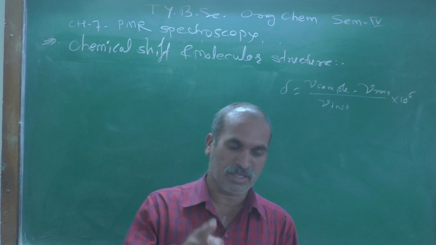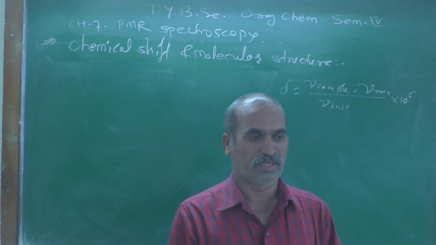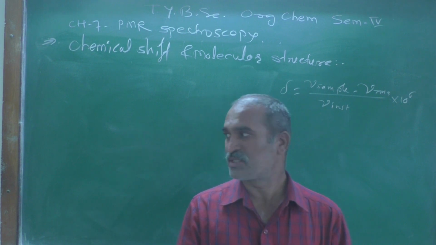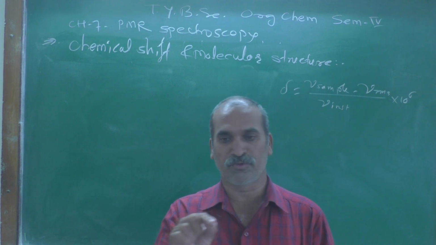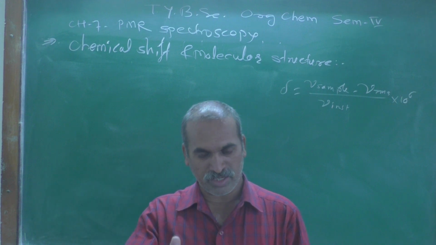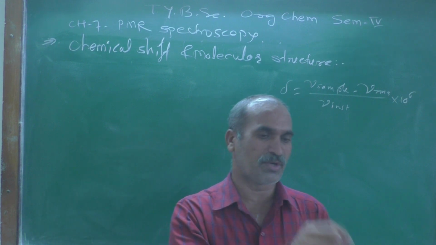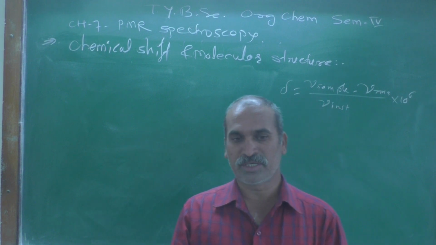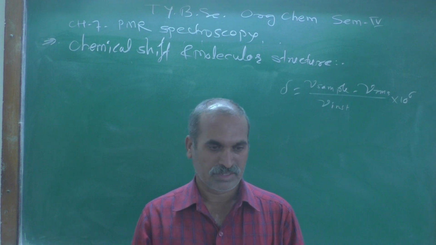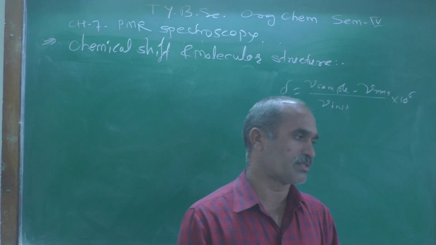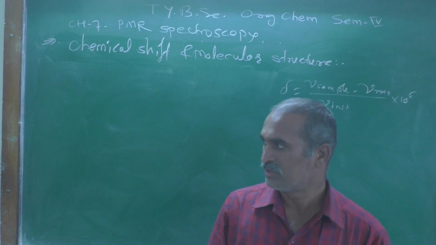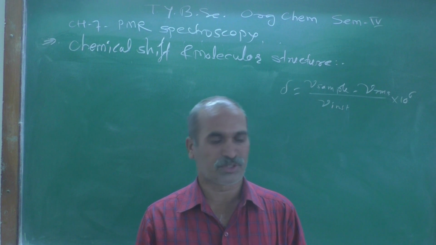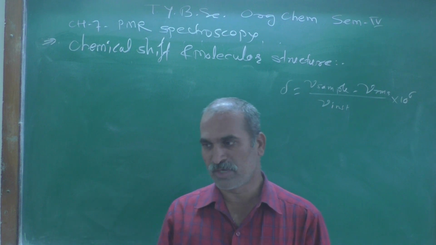Therefore the chemical shift value for the methyl proton is found to be 4.3 when fluorine is present, 3.1 with chlorine, 2.7 with bromine, and 2.1 with iodine.